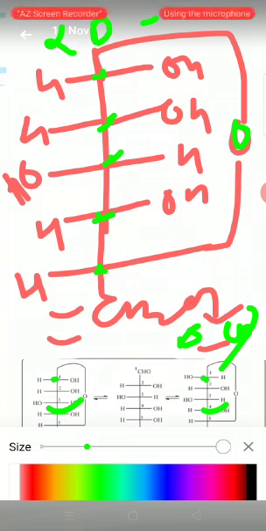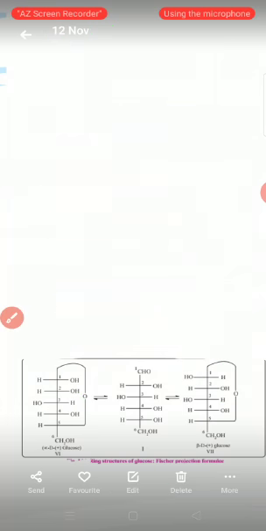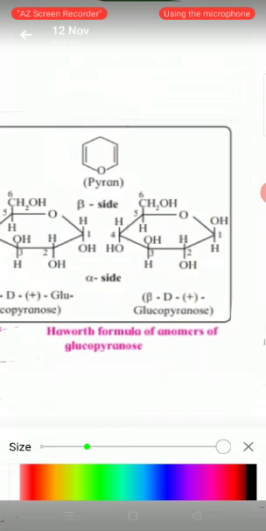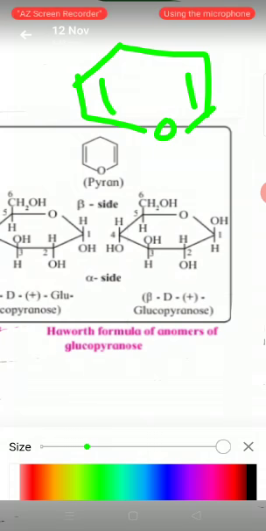It is called the pyranose structure because it is analogous to the 6-member heterocyclic compound pyran. See here, what is the 6-member heterocyclic compound? Here the 6-member heterocyclic compound is in this way. This is the 6-member heterocyclic compound pyran.